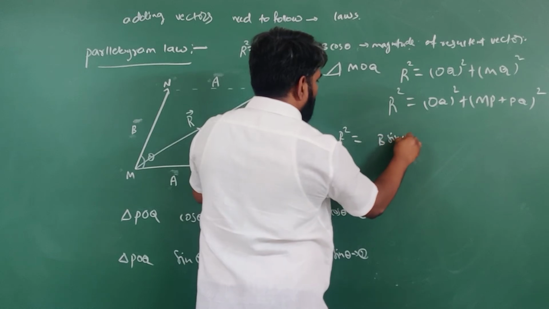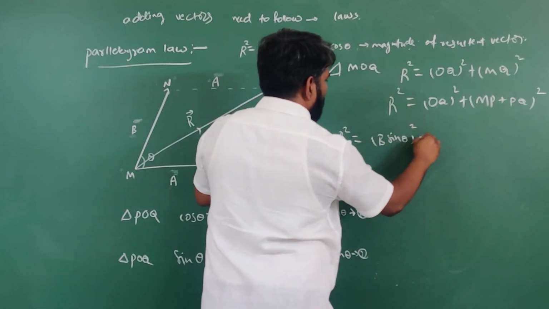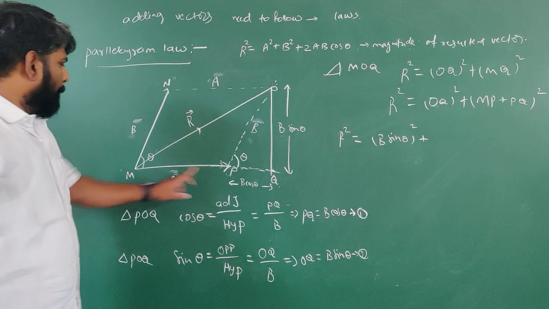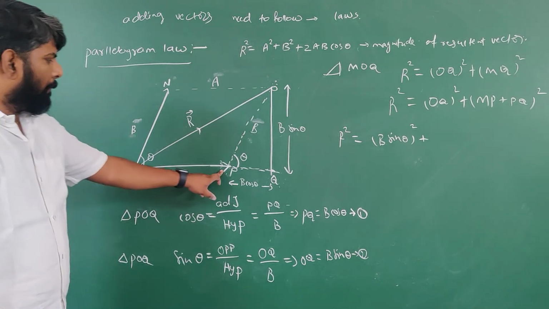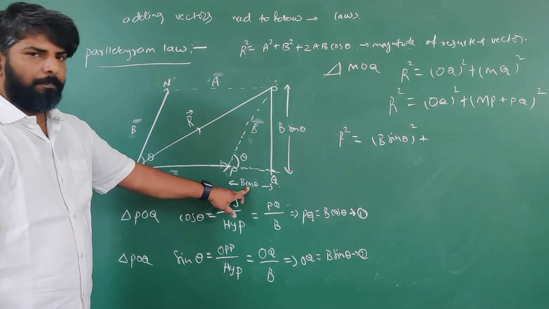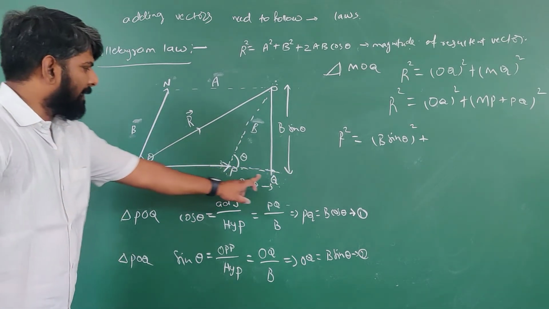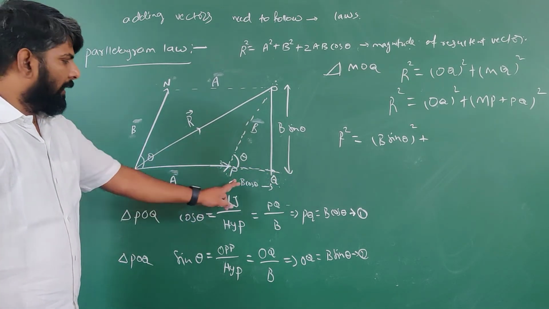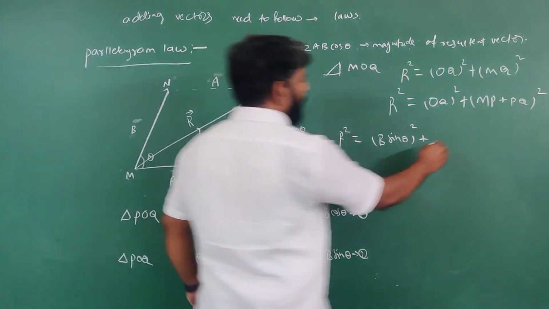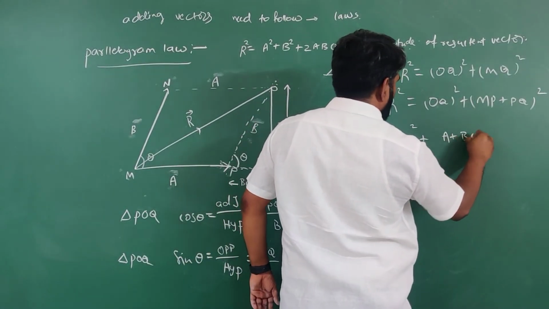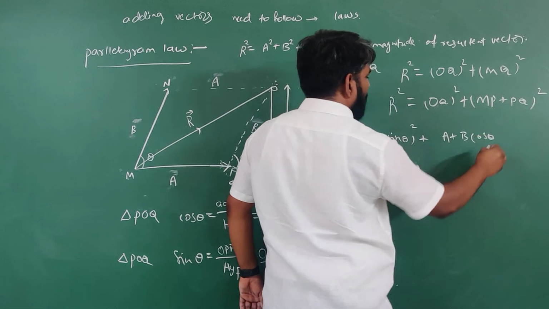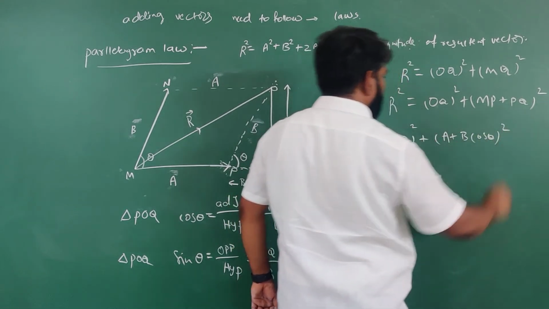So B sin theta whole square plus MP, A, plus PQ, B cos theta. So MP plus PQ means A plus B cos theta. So A plus B cos theta whole square.